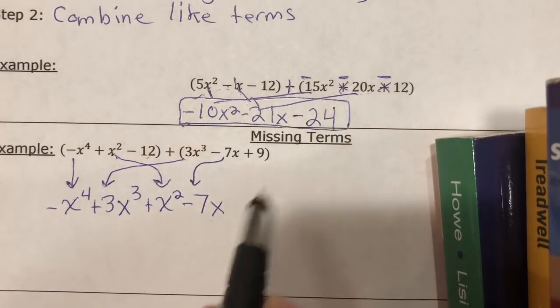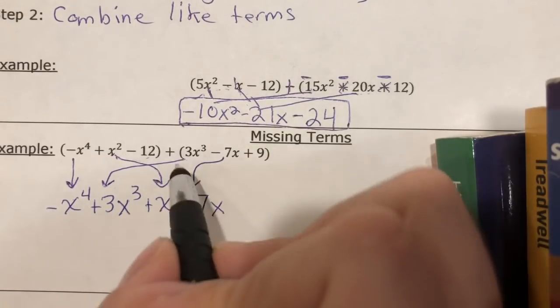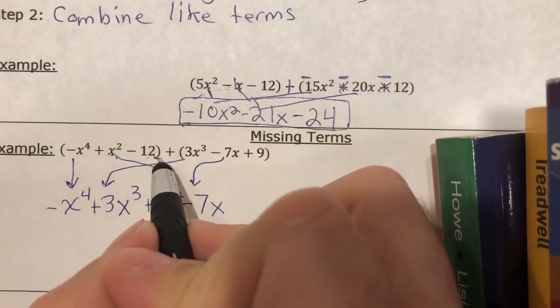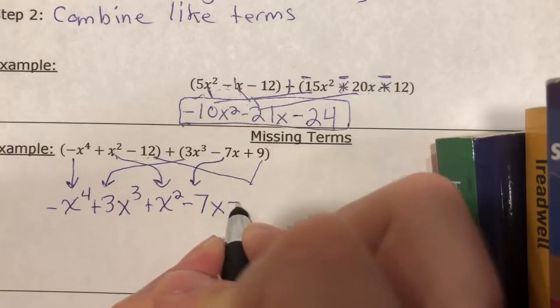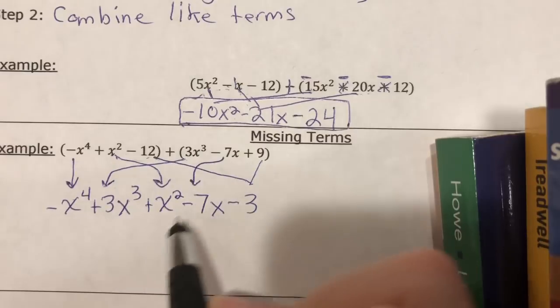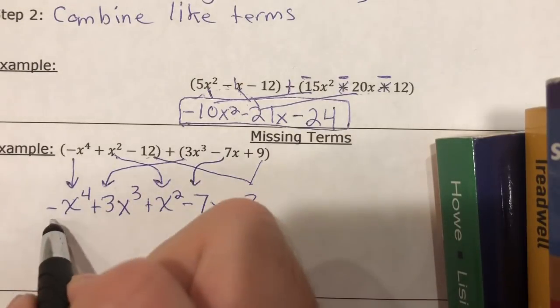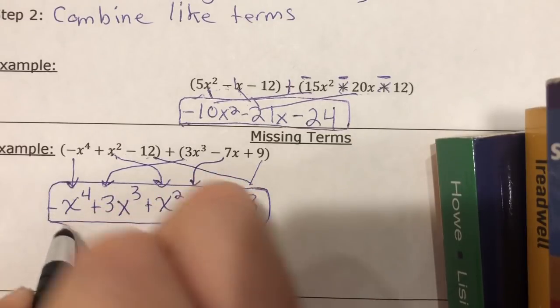And now finally we actually have a like term we can combine. So we have negative 12 and plus 9, which sign goes with the larger number. So when we combine like terms, it's negative 3. And all of our like terms are combined. Well, we didn't have too many, so that's our final answer.